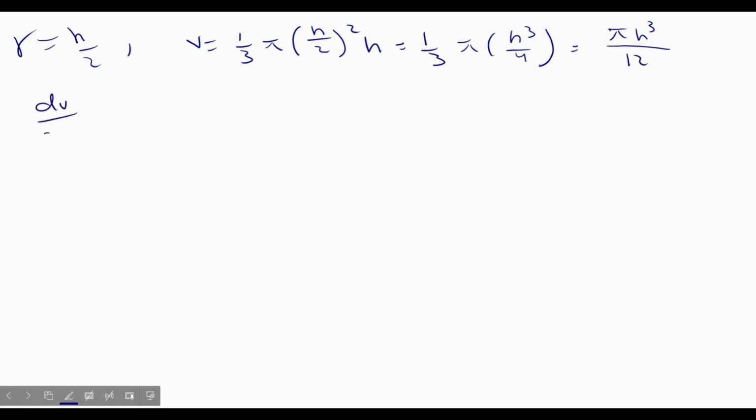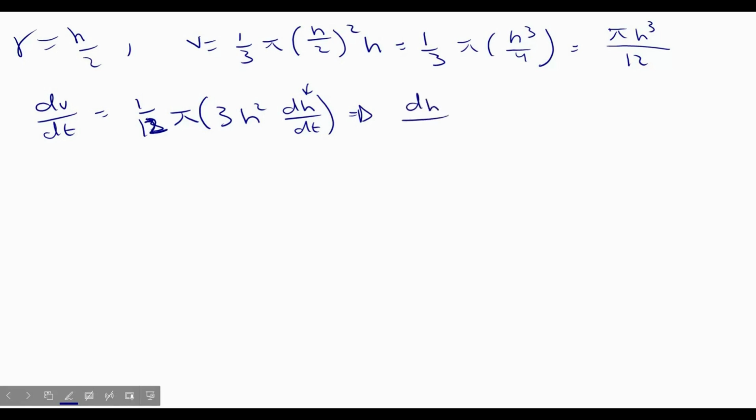This will become dv over dt equal to 1/3 pi multiplied by, in fact here we have a 12, so we can take them out, 3h squared multiplied by dh over dt. We're considering h as a function of t, which is a differentiable function, and we will solve for dh over dt.